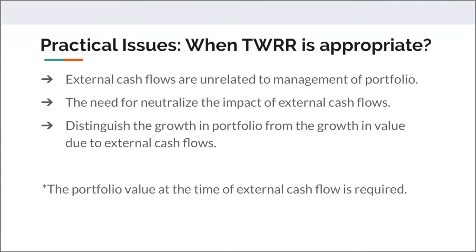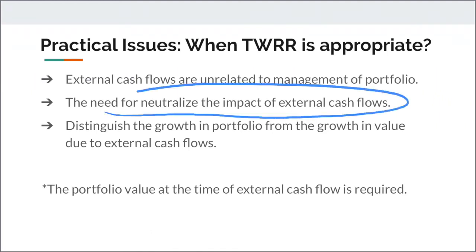In that case, time weighted rate of return is the appropriate rate of return. So there is a need to neutralize the impact of external cash flow. If you want to neutralize the impact of external cash flows, time weighted rate of return should be used because you as a portfolio manager do not have any control in terms of timing of the cash flow at that point of time.